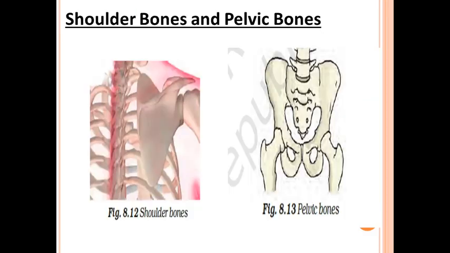And the last part is the shoulder bones and the pelvic bones. You can see them here. Figure 8.12 shows the shoulder bones. At the shoulder the bones are there, and this one is the pelvic bones. Understood?